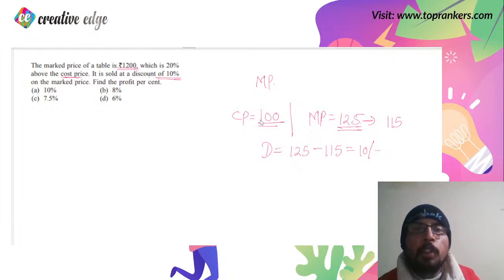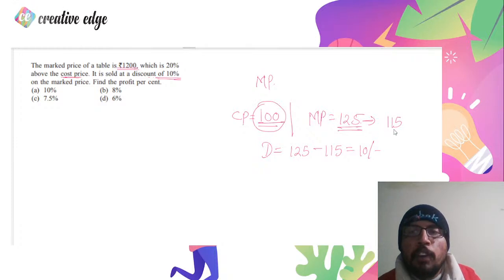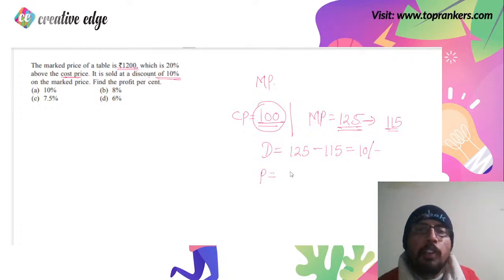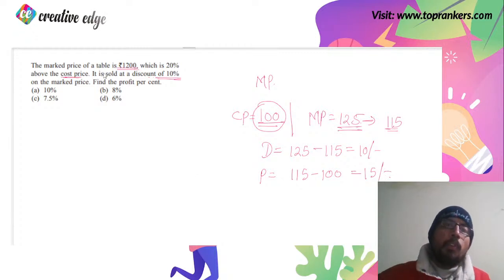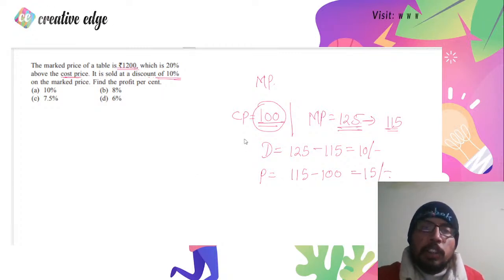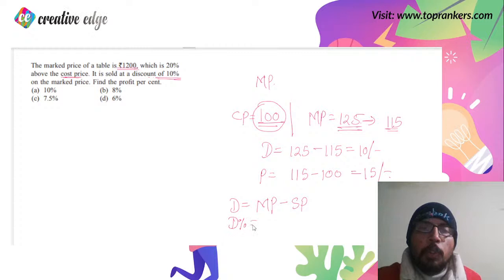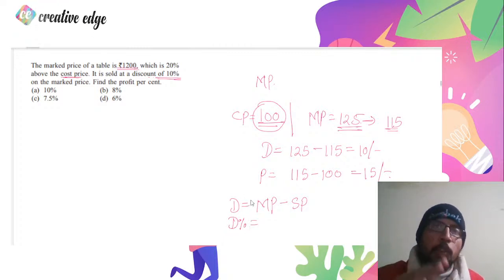I am also happy because the cost price was 100, but I sold it at 115 rupees. So I got a profit of 115 minus 100, that is 15 rupees. So this is how we consider discount and MRP. Your discount is nothing but mark price minus selling price. And when it comes to percentage of discount, it acts as if it is a loss, but in actual it is not a loss.